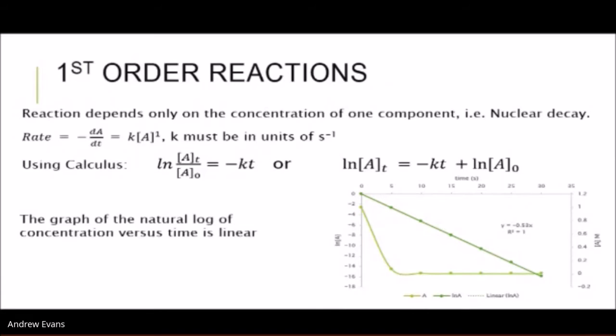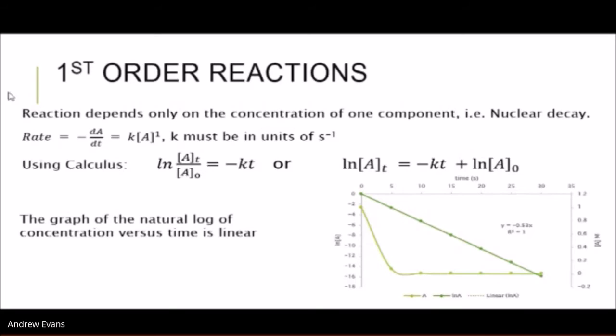Meaning if I have an initial concentration and a time and a k, I can find the concentration after a time period has passed, a sub t. Or if I have an initial concentration and a concentration after a certain amount of time has passed, I can find out that time.